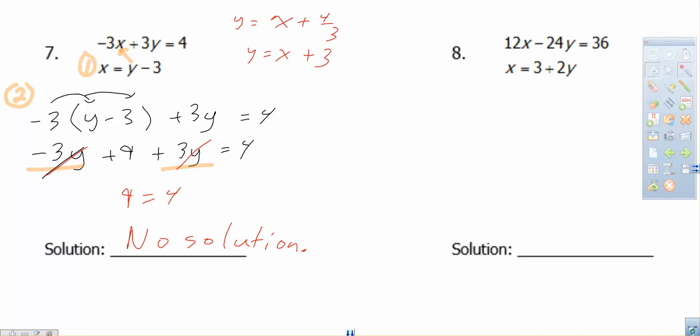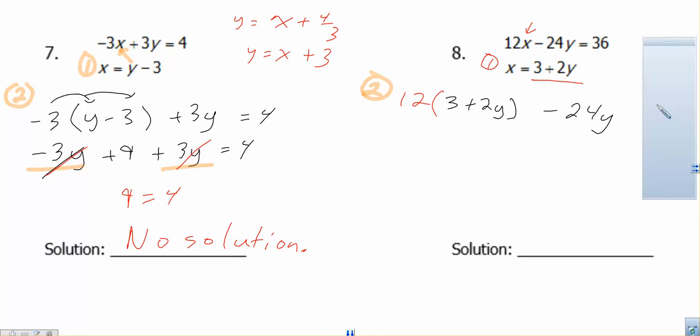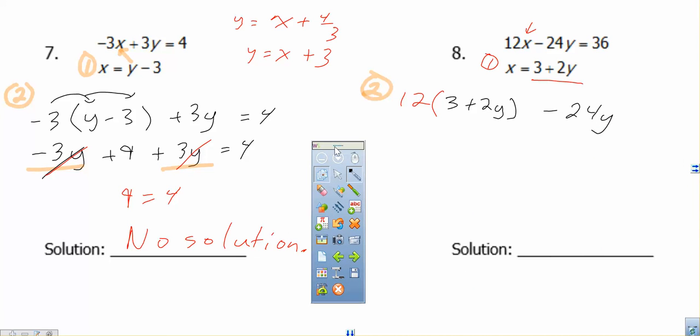Okay, number 8. Let's try this one. Let's take that first equation, x equals 3 plus 2y, and replace it right in there. So our step 2 is 12 times 3 plus 2y minus 24y equals 36.